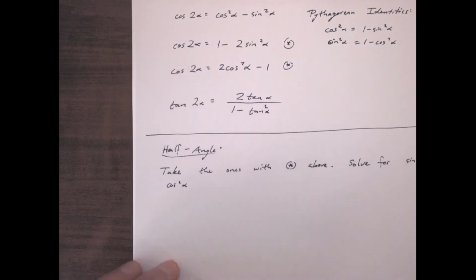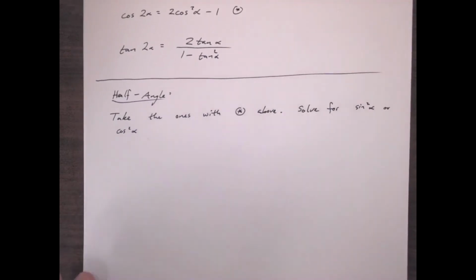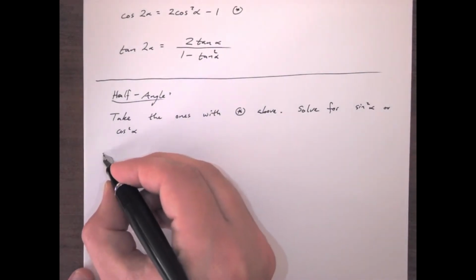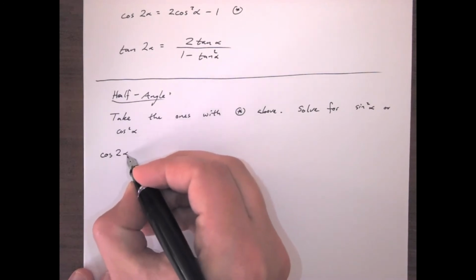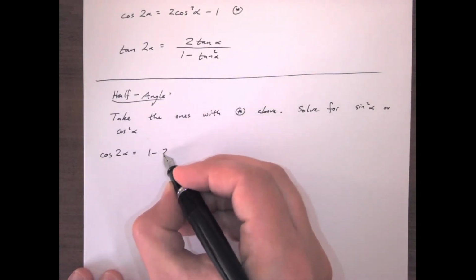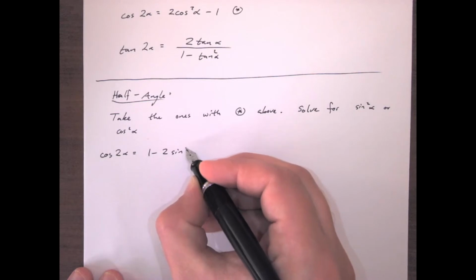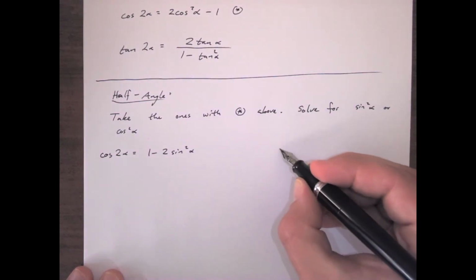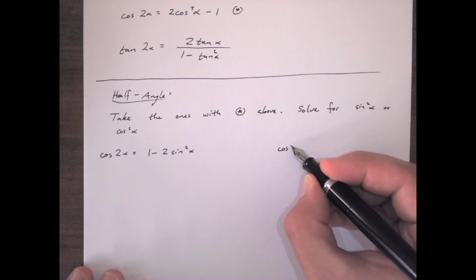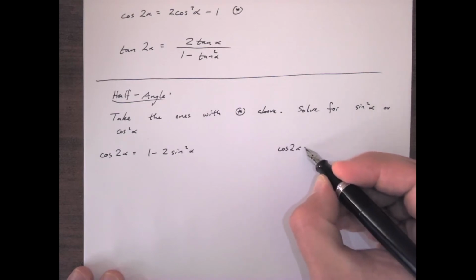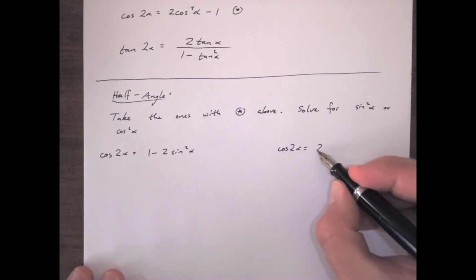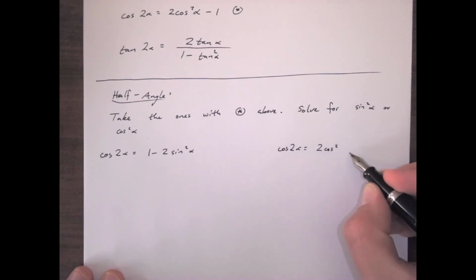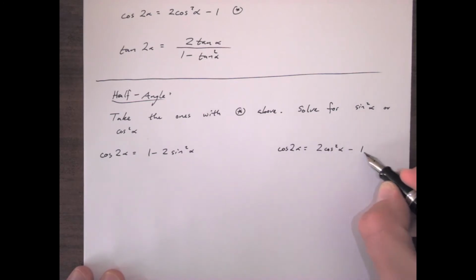Let's just do that and see where that takes us. So cosine 2 alpha equals 1 minus 2 sine squared alpha on the one hand. On the other hand, cosine 2 alpha is equal to 2 cosine squared alpha minus 1.